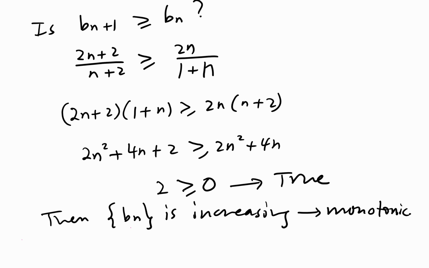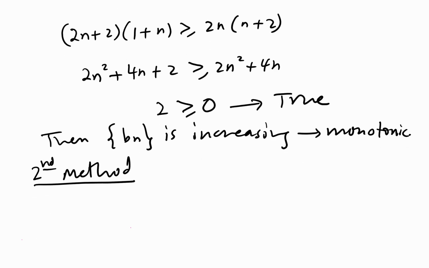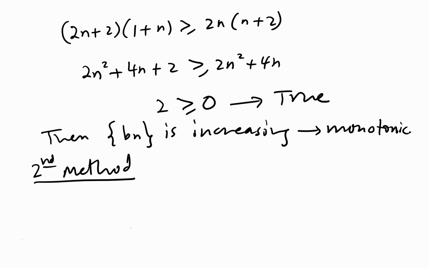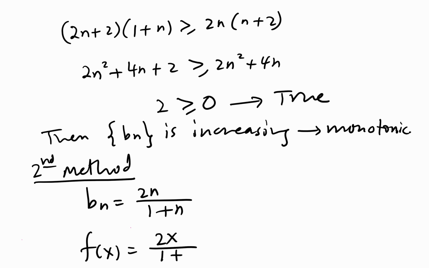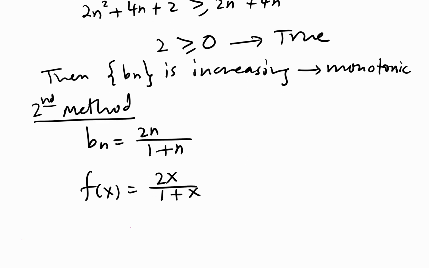Another way, as a second method, how do we check if a sequence is monotonic? This is the given sequence. We can rewrite this as a function in x, replacing the n's with x's. Why did we do that? Because when I'm talking about increasing and decreasing, we learned something back in Calc 1 where we deal with derivatives.